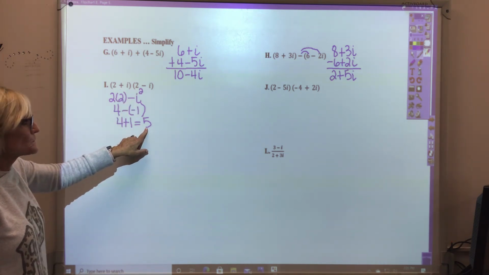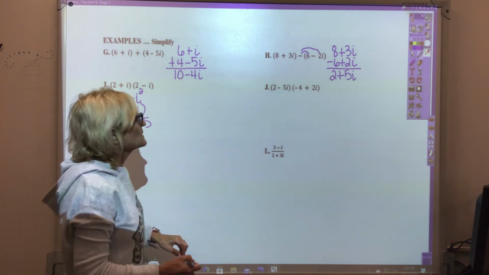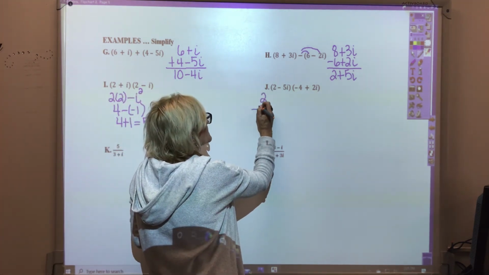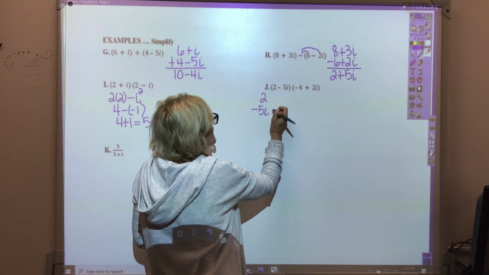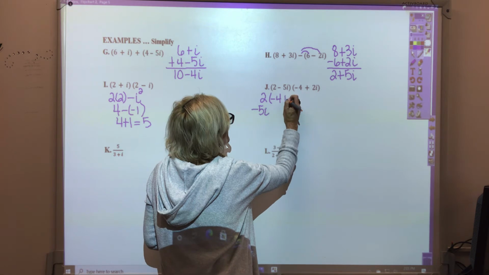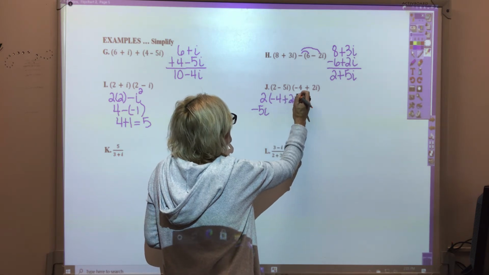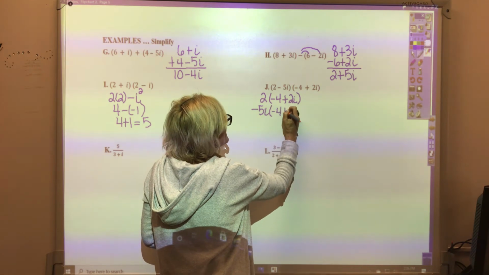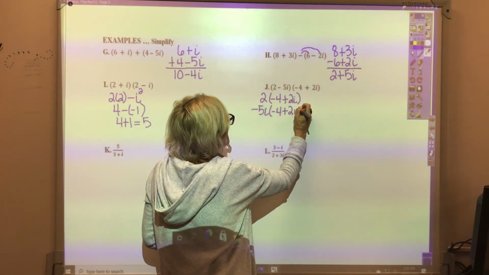real number. On the second one, on J, write 2 minus 5i, and beside both we're going to multiply a negative 4 plus 2i.